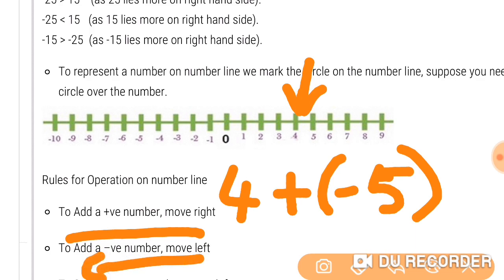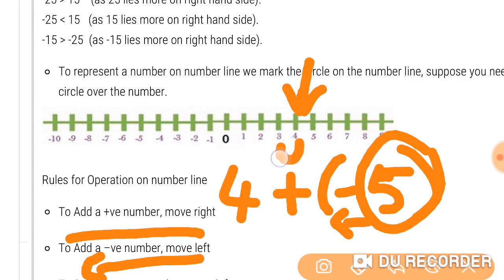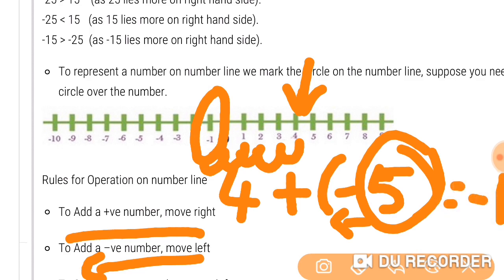So this is a negative number. We come to the left side by how much? By 5 times. So 1, 2, 3, 4, 5 times. So we came 5 times. So which integer did you get? That is minus 1. So this is your answer.